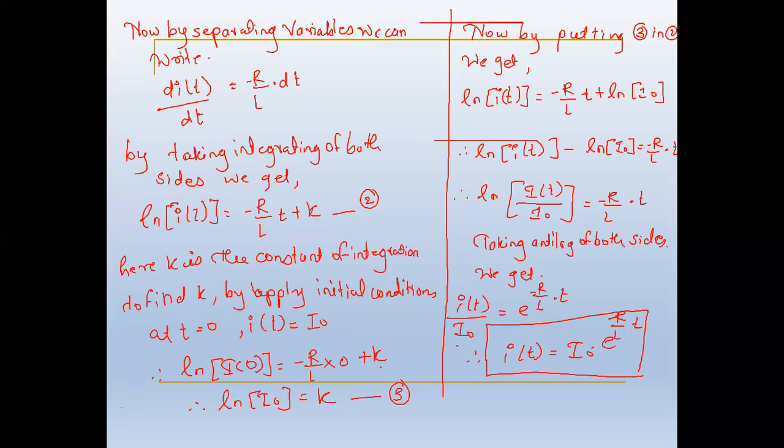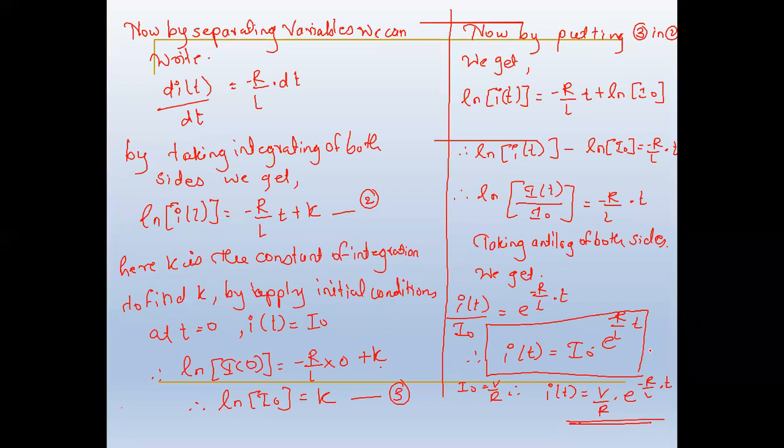This is the equation of current at t greater than 0 for the undriven RL network. Now we know that I0 is equal to V by R. Therefore, your equation will now be I of t is equal to V by R into e raised to minus R by L into t. This is the final equation.